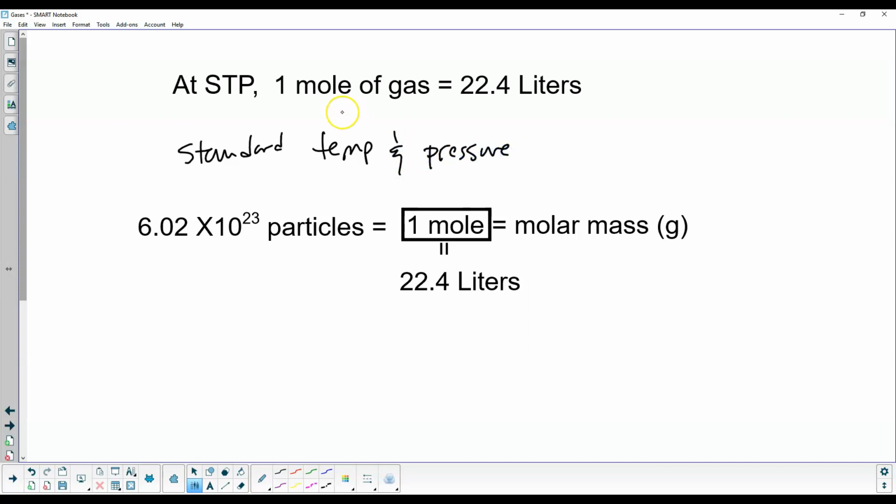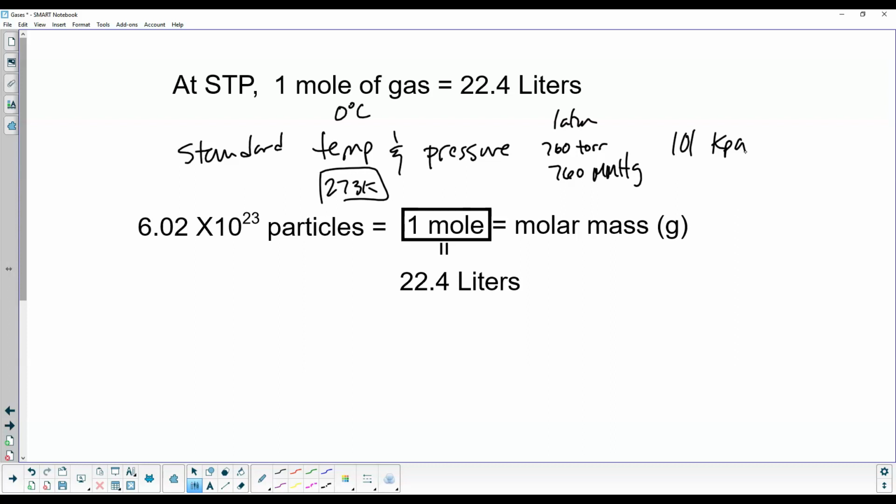Standard temp is 0 degrees Celsius, or 273 K. And then that pressure is 1 atmosphere, 760 torr, or 760 millimeters of mercury, and 101 kPa, all these things. So anyway, 1 mole of any gas, as long as it is at STP, has a volume of 22.4 liters.